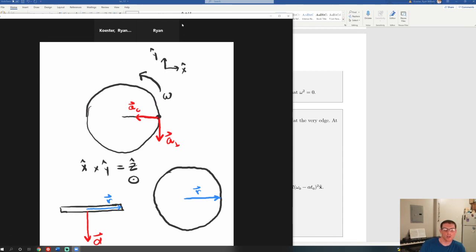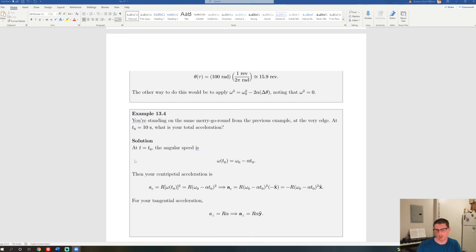And so the cross product of alpha and r should point as I've drawn it here. So it actually would be in the negative y direction. So let me fix that real quick.